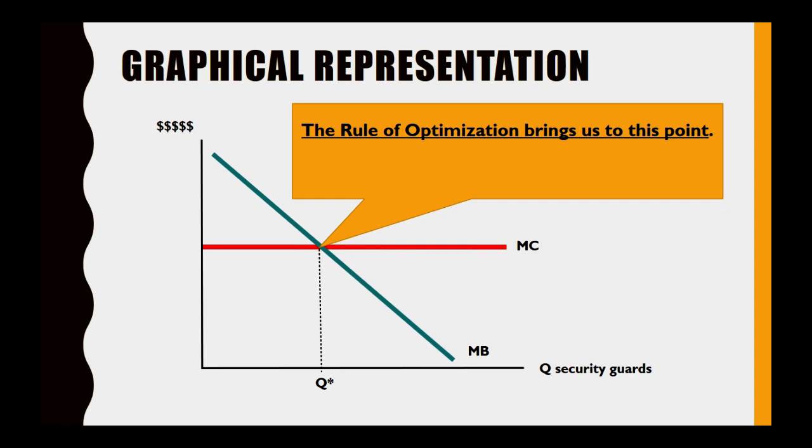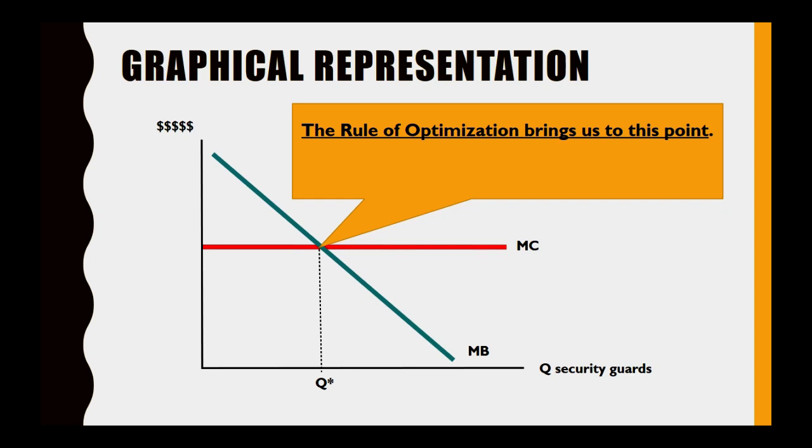And so do you agree then? I can use the rule of optimization, and the rule of optimization says that I'm going to consume all units for which marginal benefit is greater than marginal cost, right? Which brings me up to Q star. So Q star is the rational point to consume up to. But let's make sure we label Q star. Some people label it here.